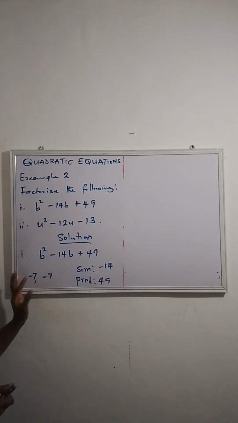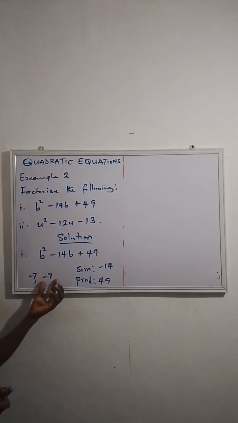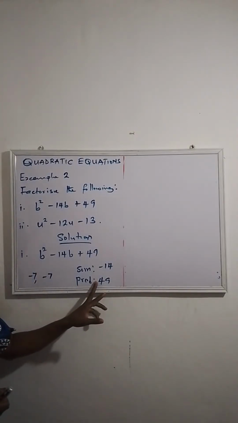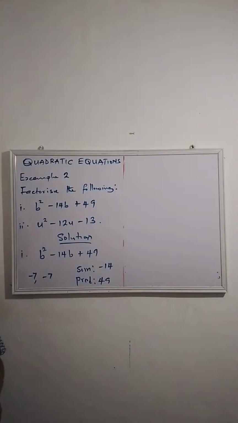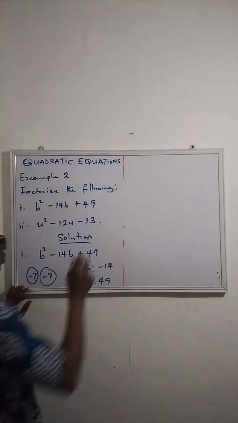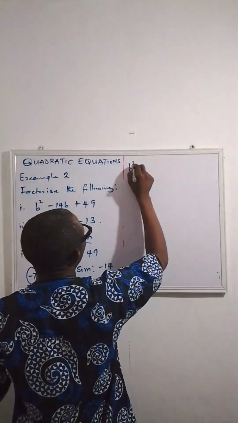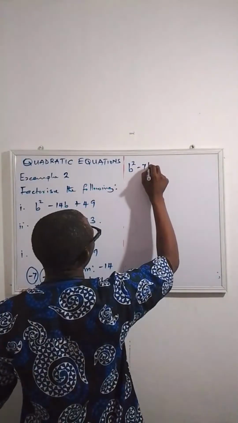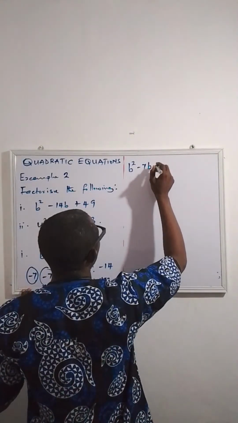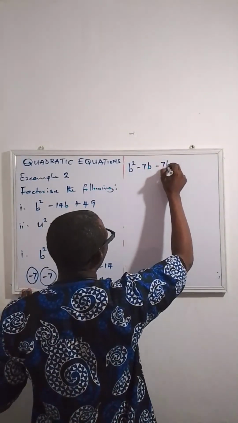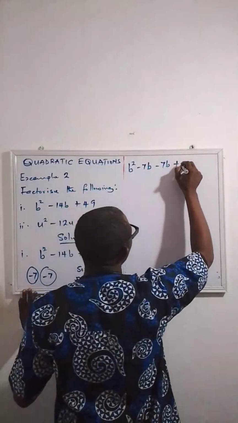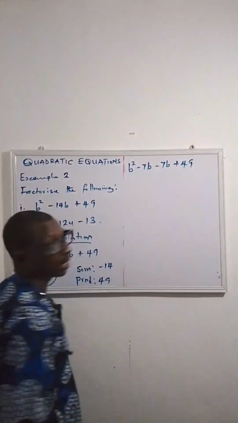When you multiply negative 7 by negative 7, you have positive 49. You get that? Okay, so the two numbers are these. All right, so now this expression turns to b squared minus 7b minus 7b plus 49. All right, you get that?